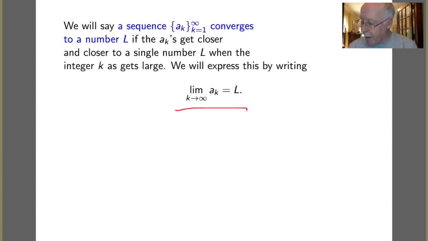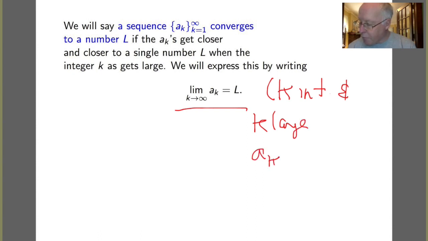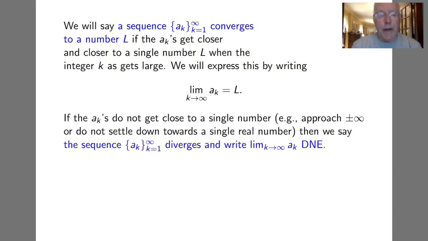So in other words, when k is an integer and k is large, then a sub k should be getting close to the number L, so a_k is approximately L. If the a_k's do not get close to a single finite real number, so they approach plus or minus infinity or do not settle down towards a single number, perhaps they oscillate, then we're going to say the sequence diverges and write limit as k goes to infinity of a sub k does not exist.